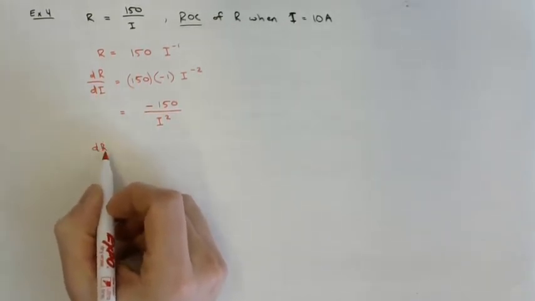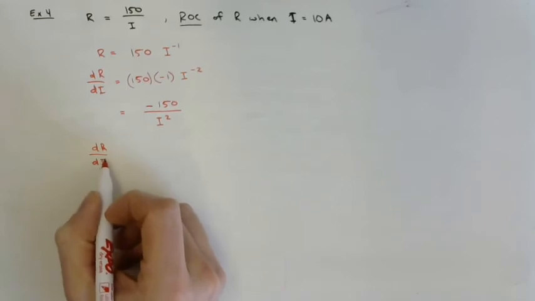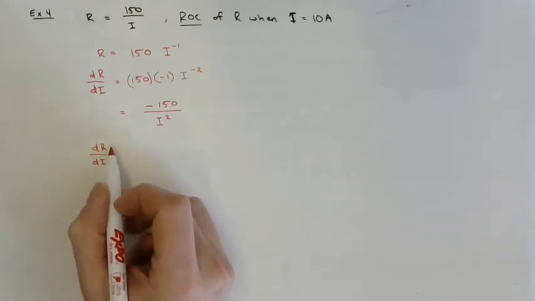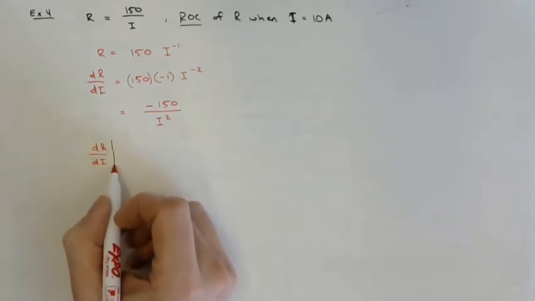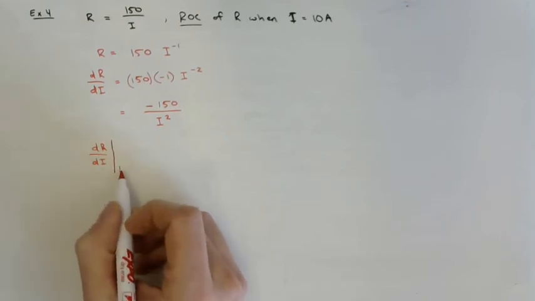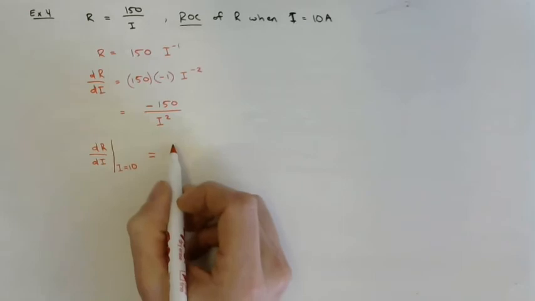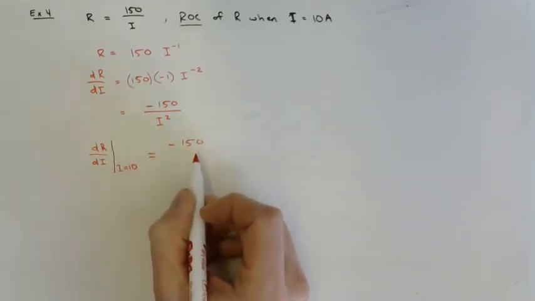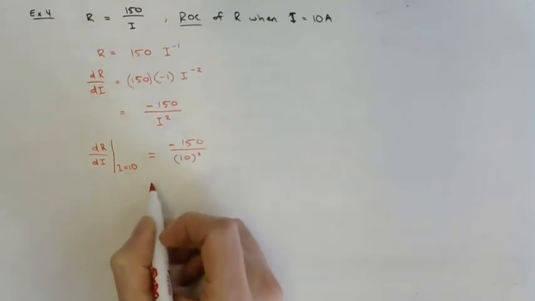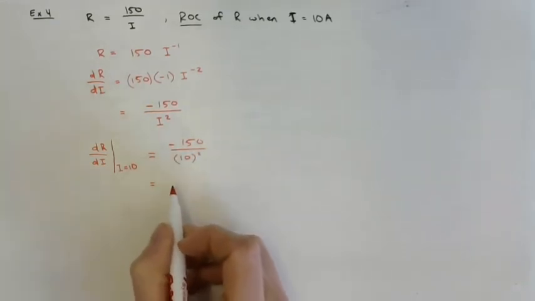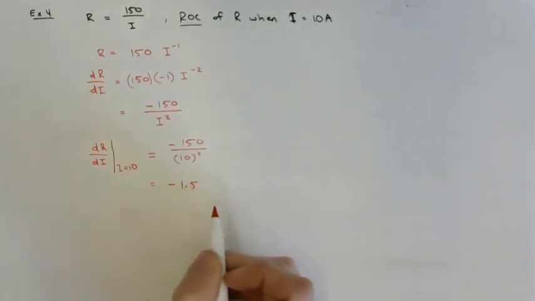Now to find the rate of change when I is 10, the notation looks like this. It's the derivative function where I equals 10. And we just sub in 10 for I, which is -150 over 10 squared, which is -150 over 100, which is -1.5.